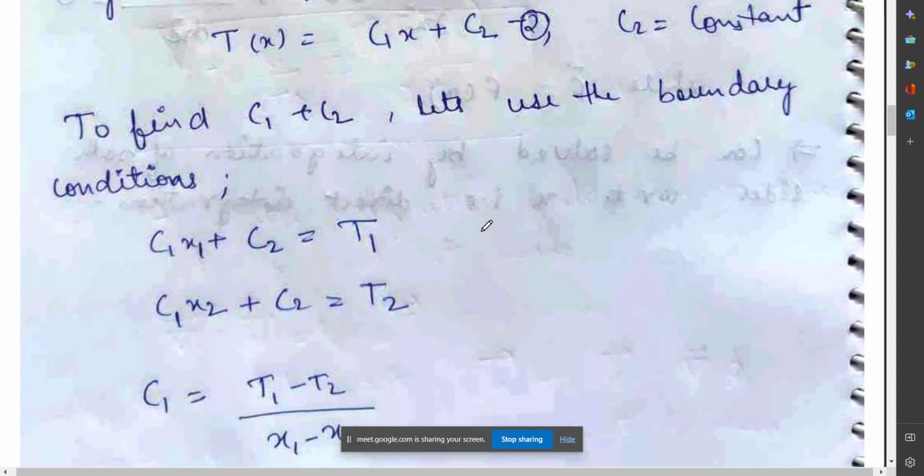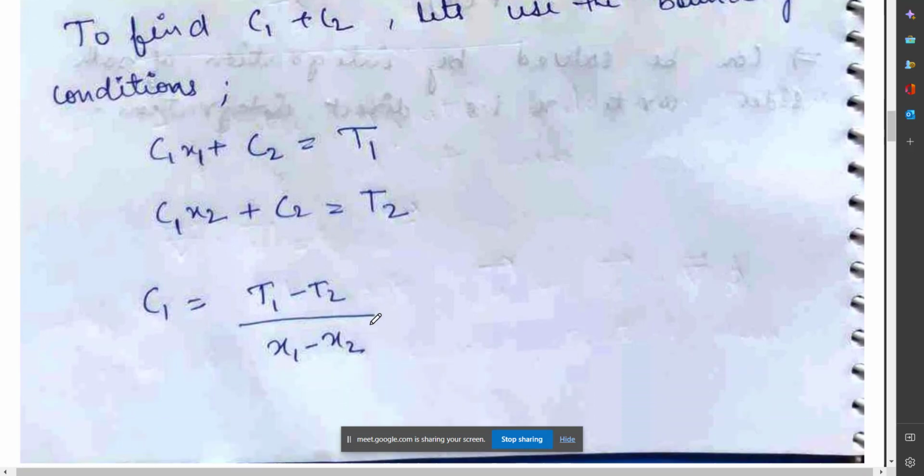Okay. Now to find c1 and c2, let's use the boundary condition. The boundary condition is already given to us: at x1 the value of T will be T1, and at x2 the value of T will be T2. So c1 x1 plus c2 is equal to T1, c1 x2 plus c2 is equal to T2, isn't it?